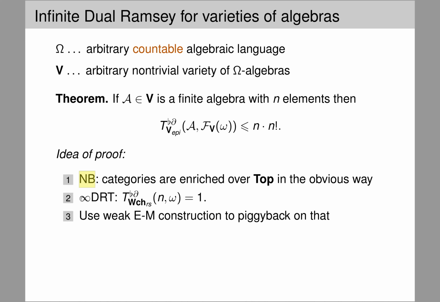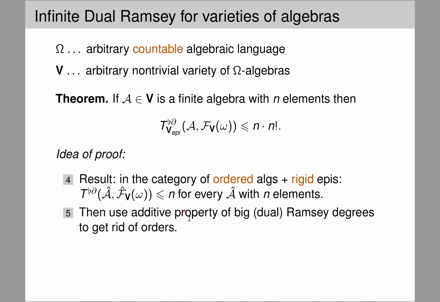And then we use the infinite dual Ramsey theorem, which tells us that every finite chain has big dual Ramsey degree 1 in omega in the category of well-ordered chains and rigid surjections. Then we use again the Eilenberg-Moore construction to piggyback on that and end up with the result that in the category of ordered algebras and rigid epimorphisms, the degrees are already finite.